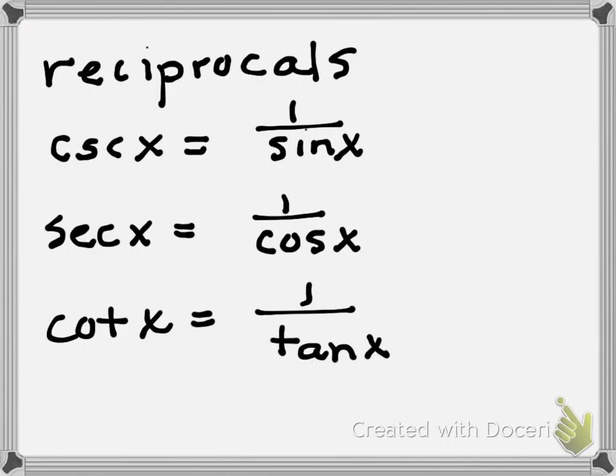And of course, we can go the other way, but typically what we want to do many times in verifying these identities is to get everything in terms of the sine and cosine. So that's why I'm writing the reciprocal identities this way, because typically we're going from cosecant to sine, or from secant to cosine, or from cotangent to tangent, because those on the right are the ones that we use most often.